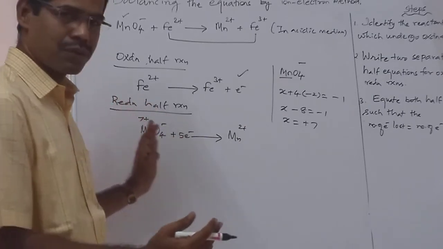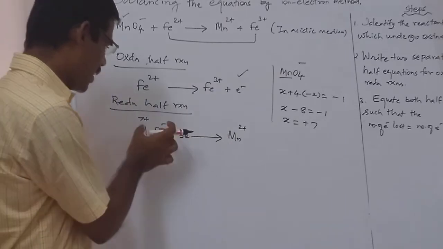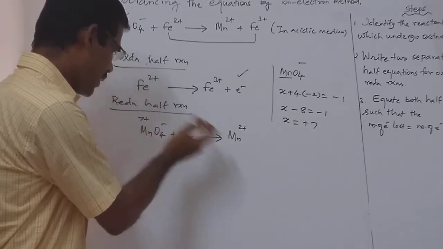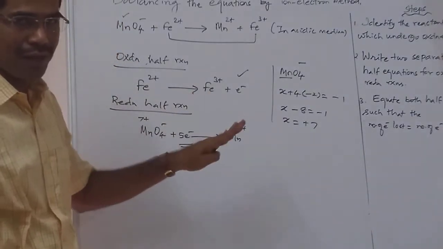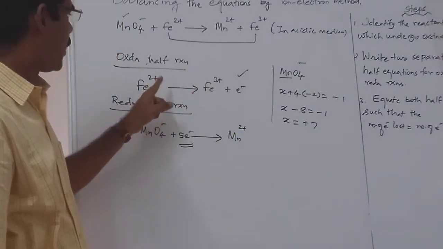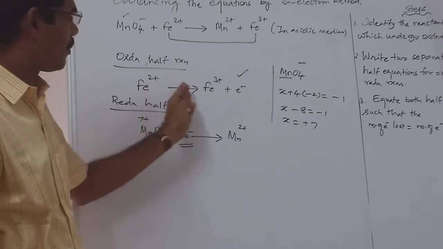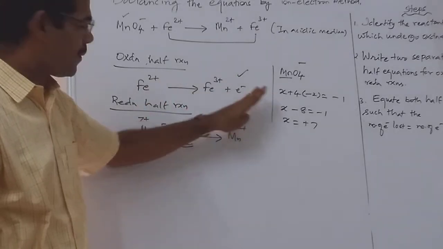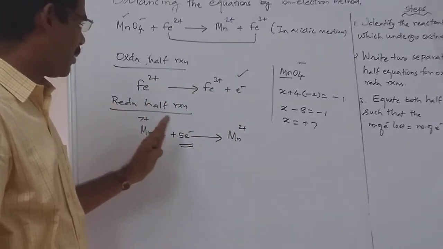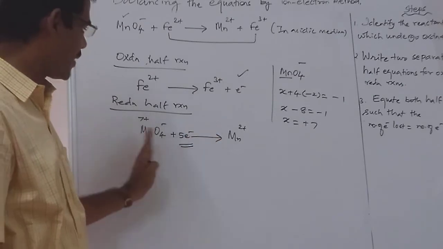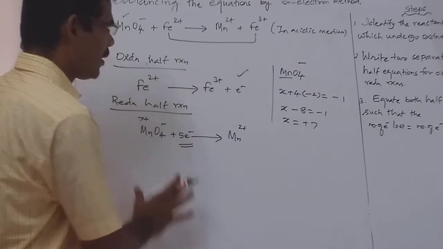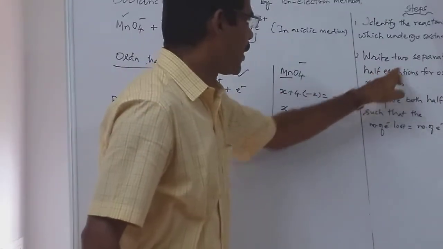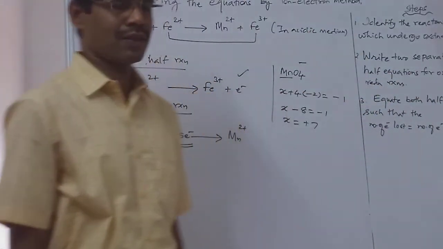In the reduction half reaction, the electrons gained are put on the left hand side. For the oxidation half reaction, the number of electrons lost is put on the right side, and for the reduction half reaction, the number of electrons gained is put on the reactant side. Understand that first. We have now written the 2 separate half equations for the oxidation and reduction reactions.